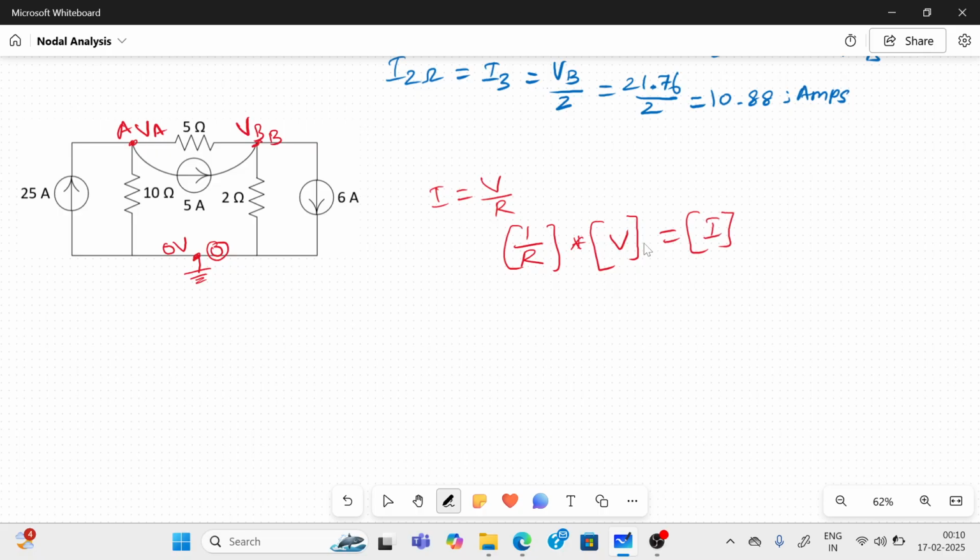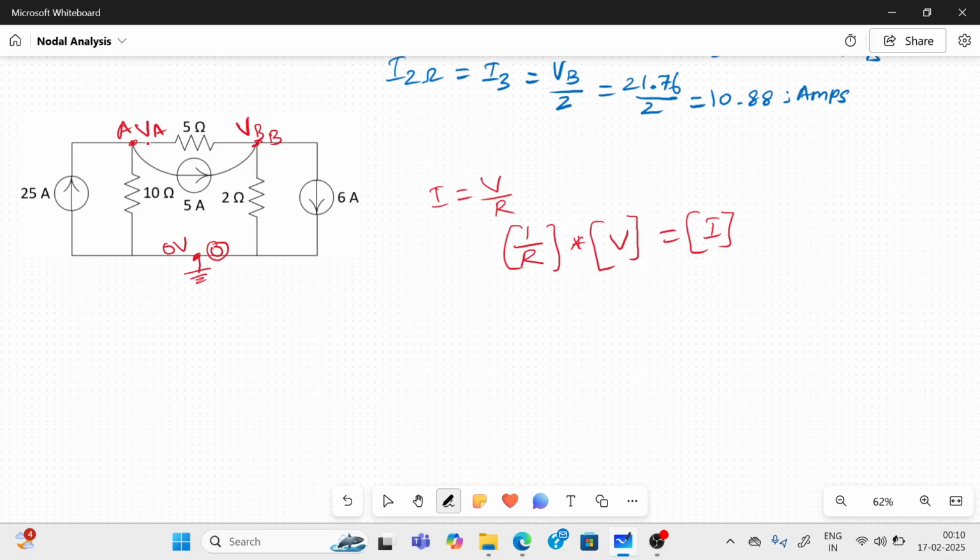Here also the same. V and I matrices are column matrices, whereas the 1 by R matrix is a square matrix. The size will be the number of the junction points.